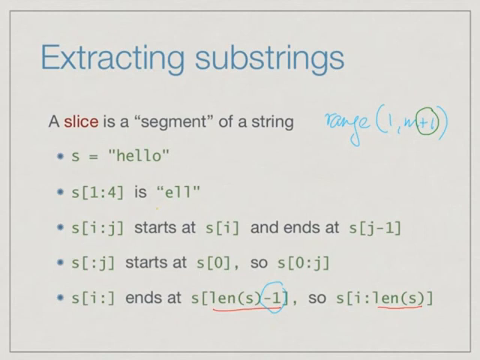It is much more convenient to just say length of S and implicitly assume that it knows that it should not go to length of S, but length of S minus 1. So this whole confusion, if you would like to call it that, in Python, about the fact that all ranges end one short of the right hand side of the range, stems from the fact that you very often want to run from something to the length of it in a list or a sequence or a string. And when you say that, you don't want to have to keep remembering to say minus 1.